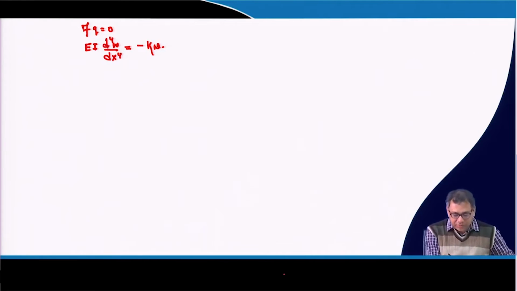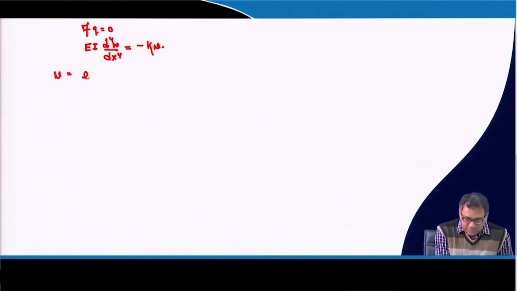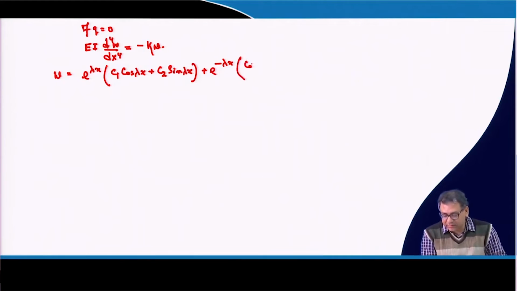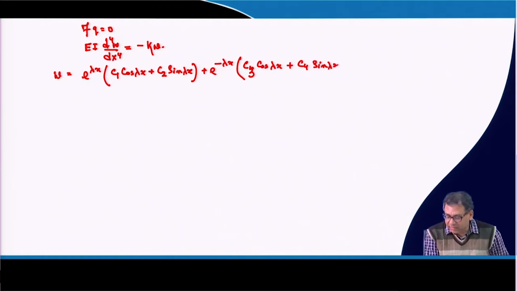So, the closed form solution is w equal to e to the power lambda x, times C1 cos lambda x plus C2 sin lambda x, plus e to the power minus lambda x, times C3 cos lambda x plus C4 sin lambda x.